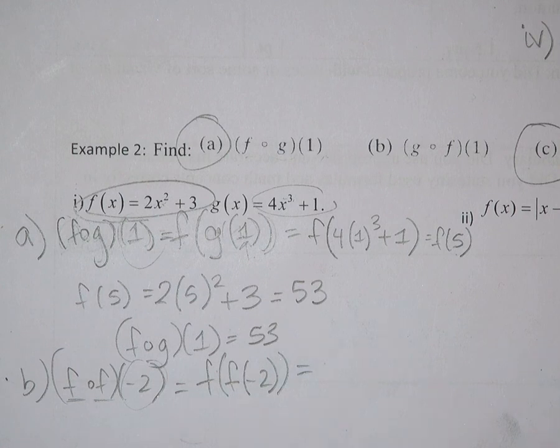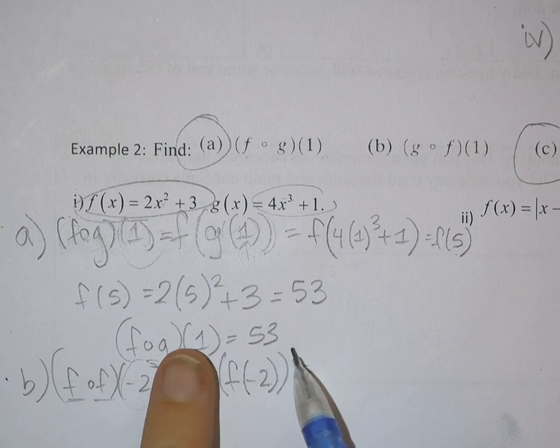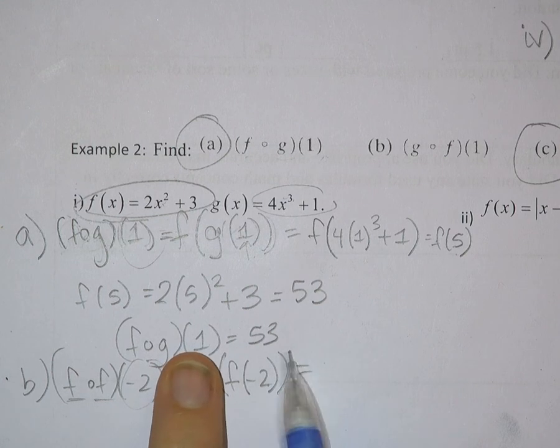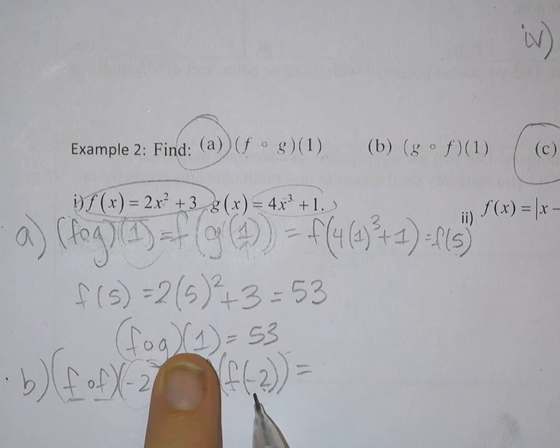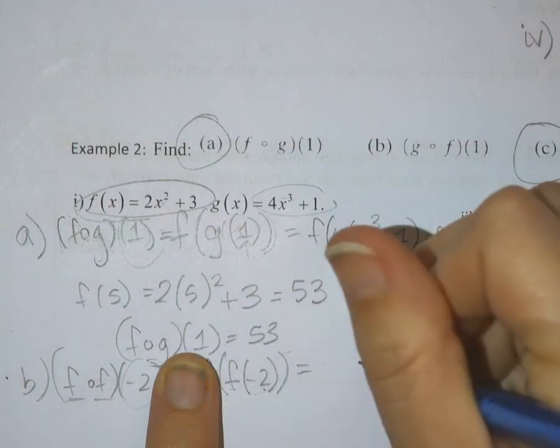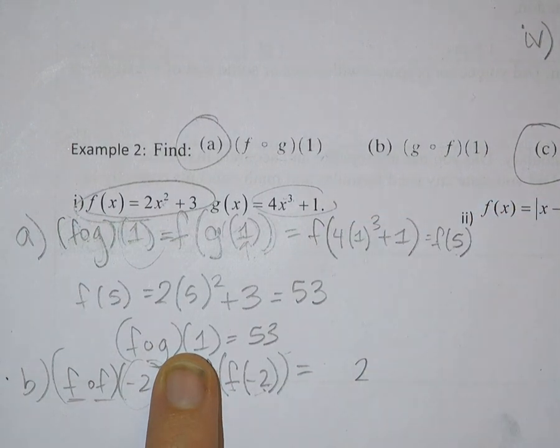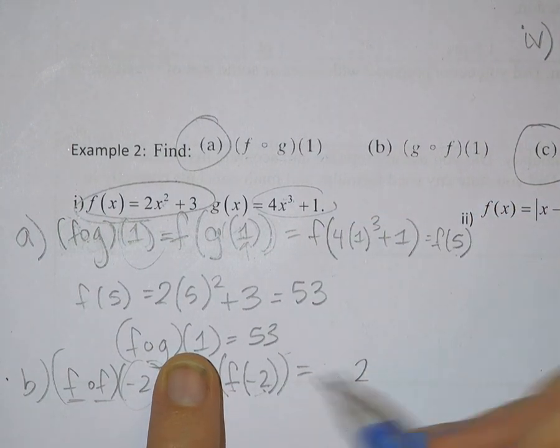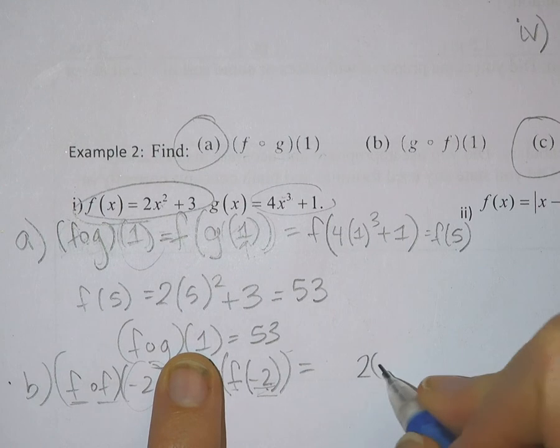Again, I'm going to start from the inside and work my way out. So on the inside I have f of negative 2. We're going to look at our function f and plug in negative 2. We remember our function f is 2x squared plus 3, so anytime I see an x, I'm going to put in a negative 2.